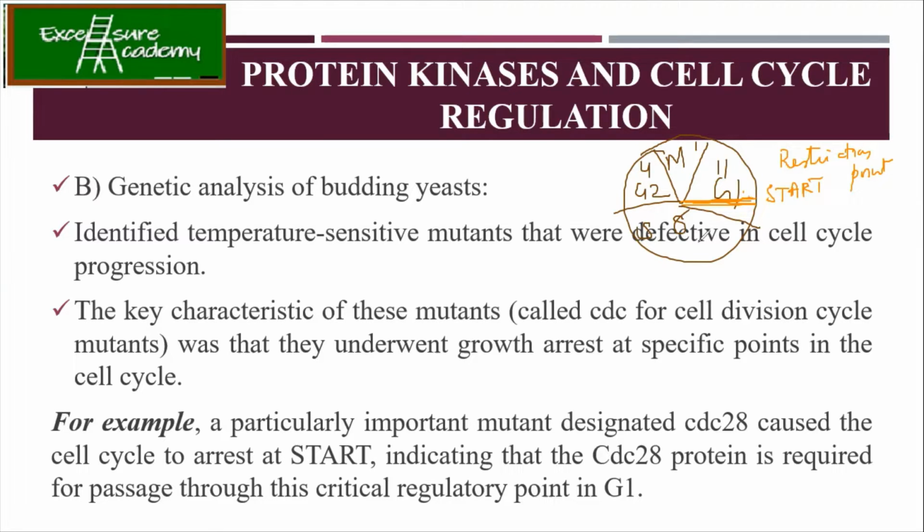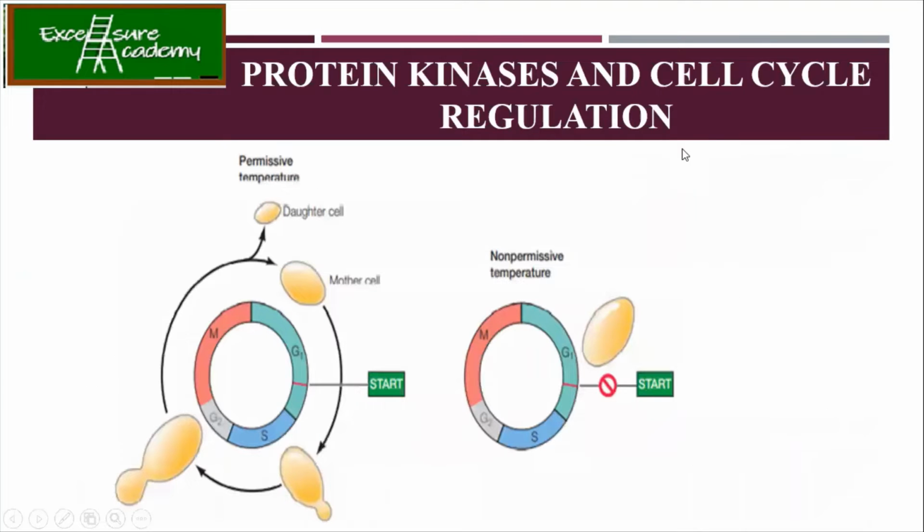Now, how is this experiment conducted? Normally the mother cell enters the cell cycle, goes from G1 to S to G2 to M, and finally you get a daughter cell. Now, when the temperature is not permissive, meaning it is not in favor of the cell, what will happen?